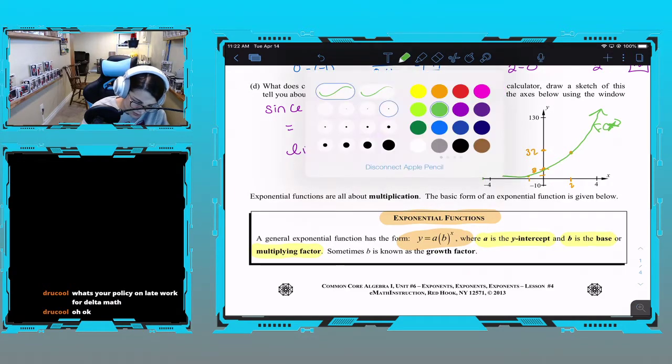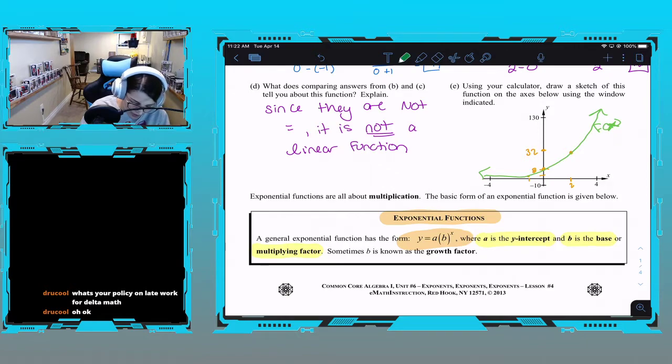The one we had before was 8 times 2 to the x. 8 was your y-intercept, and 2 was b, your growth factor.